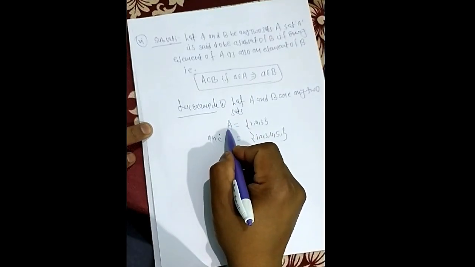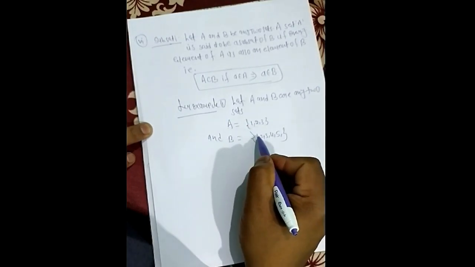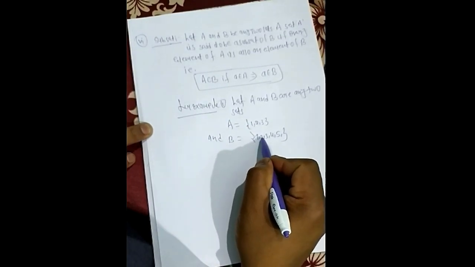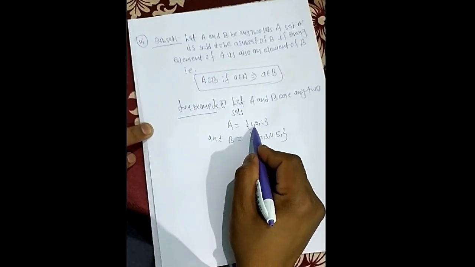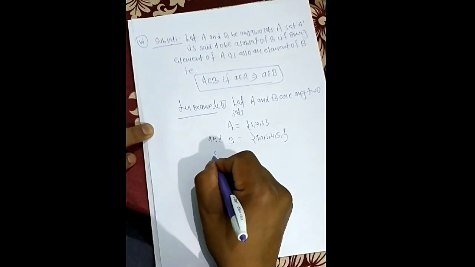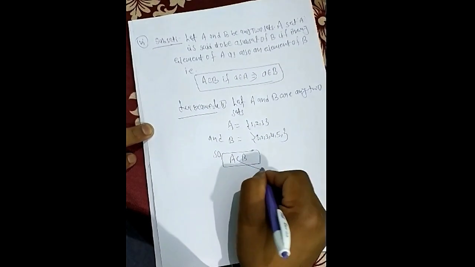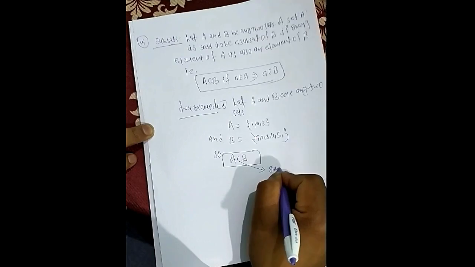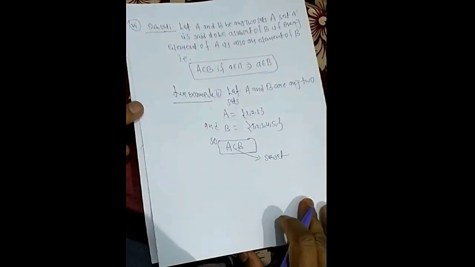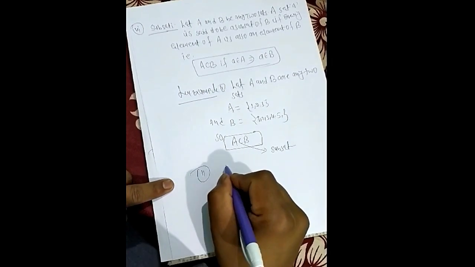Here every element of set A is also contained in set B: 1, 2, 3. So A is a subset of B. It is denoted by the subset symbol.